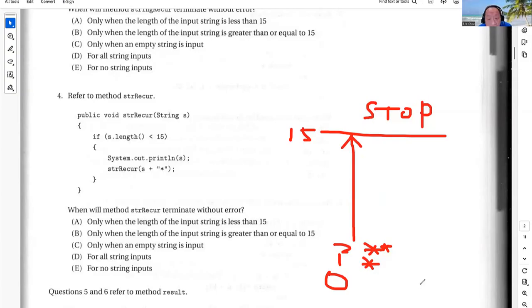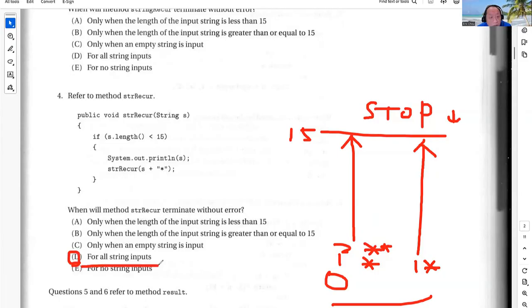And it stops. If you start from 1, then you would go to 2, and all the way up to 15. So which one would terminate without error? B. You read it carefully. Over 15, you stop right away. Everything starting from 0, 1 to 15, you stop at 15. So essentially, this one works for all input strings.